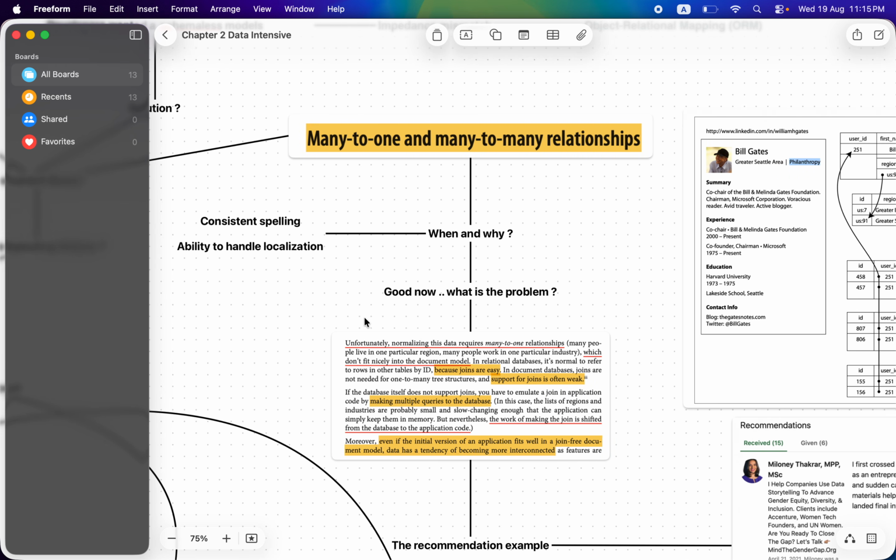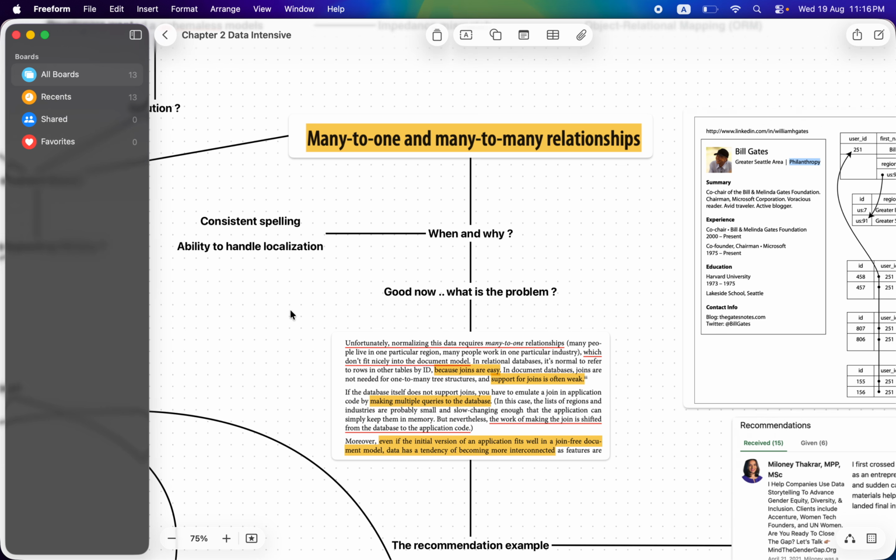Because of a lot of reasons. First, consistent spelling. If you wanted to search for this specific region in the future, or all the users that have this region, it would be much easier, because we are 100% sure that this region is written in that way in our whole database.